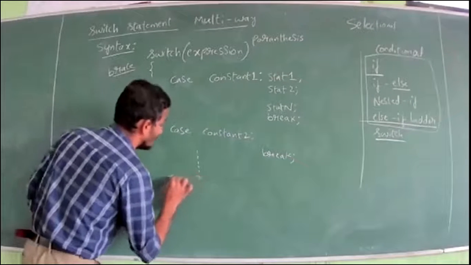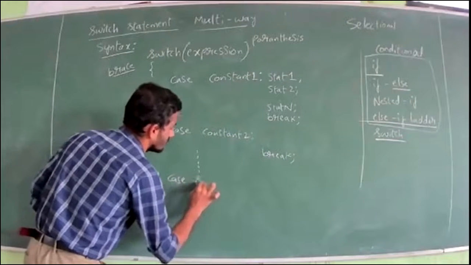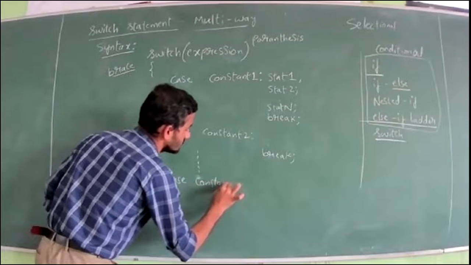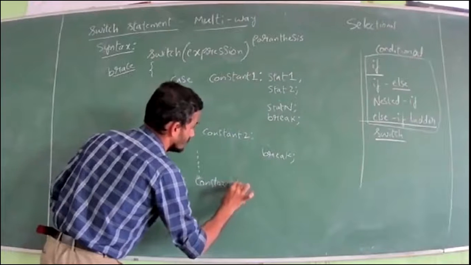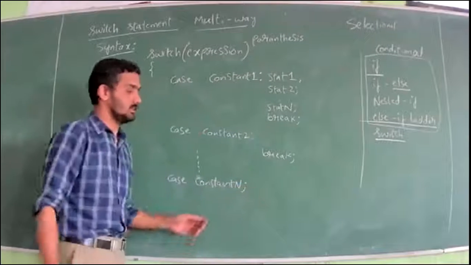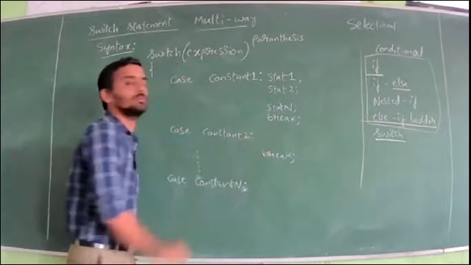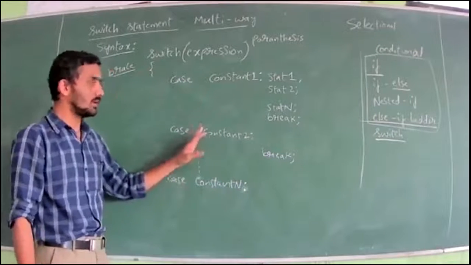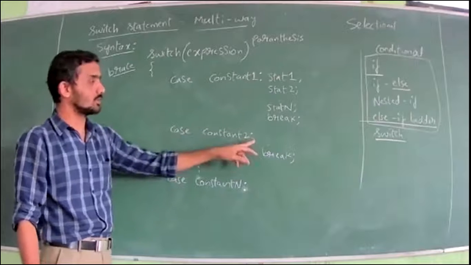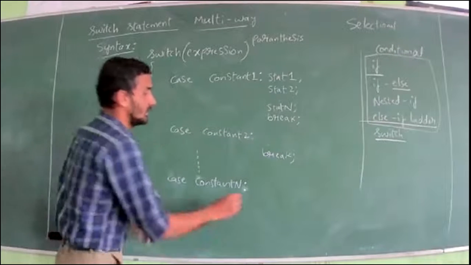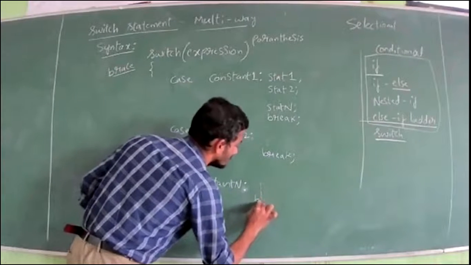So till n number of constants, we can say constant n. Sorry, colon. So in front of the constant, you have to put the colon. After the case, you have to leave the space. In front of constants, you have to put the colon. Again, same thing. Statements will come here. So break.